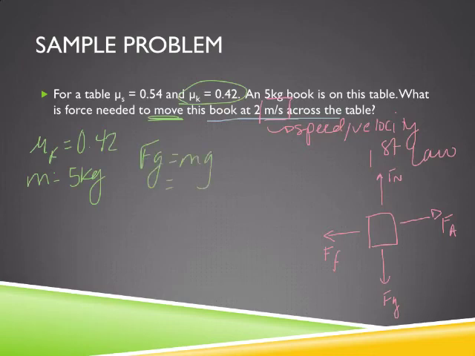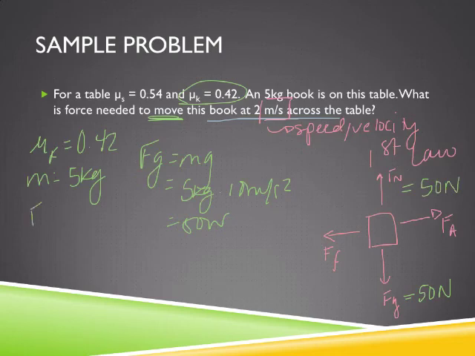So that's going to be 5 kg times 10 meters per second squared, which ends up being 50 newtons. And then because force of gravity is 50 newtons, and this is a first law problem, normal force has to be 50 newtons.